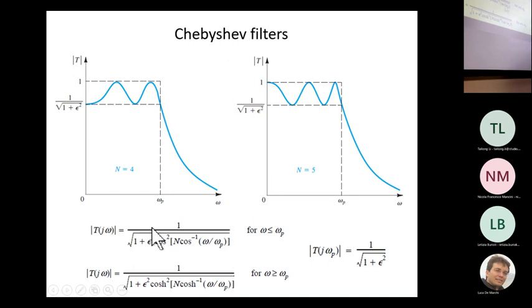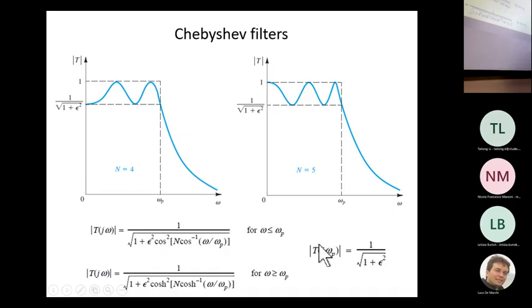The expressions for the transfer function before and after the stop band region are provided in this slide. In the Chebyshev case, you cannot express the whole frequency response with just one formula. You have 2 separate formulas. After omega sub p, you have a monotone descending trend.